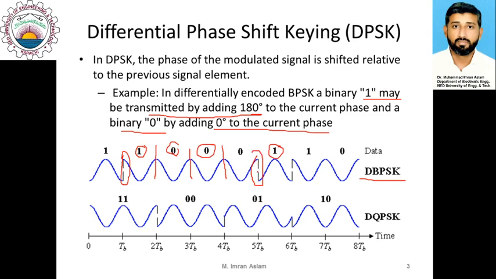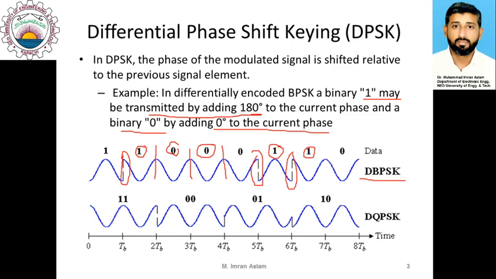So this change in phase represents that the bit is 1. Similarly, when the next bit is 1, you would see that there is a phase change of 180 degrees. So at the receiver side, the receiver has to detect the difference of phase.